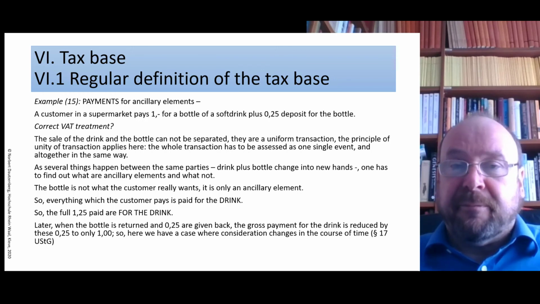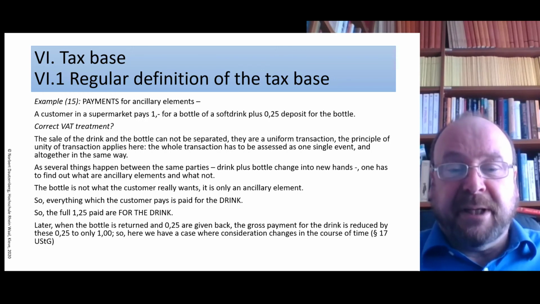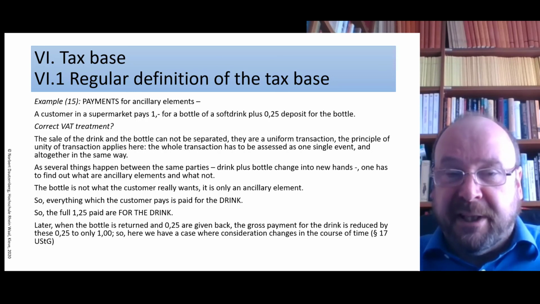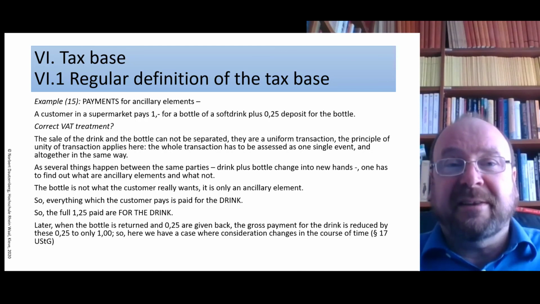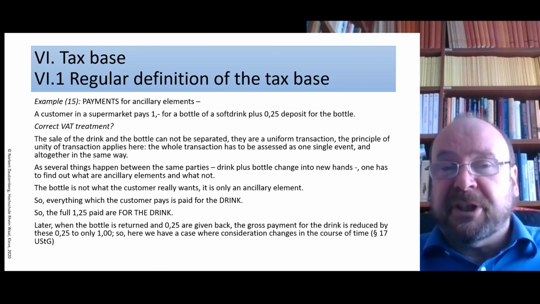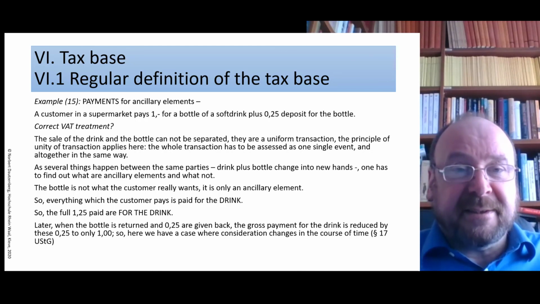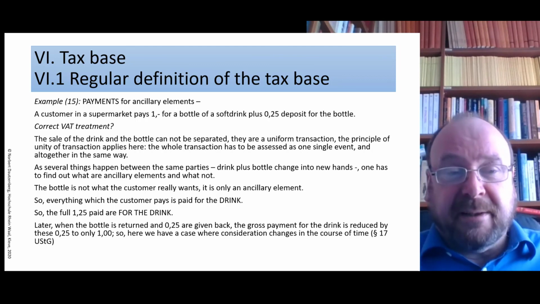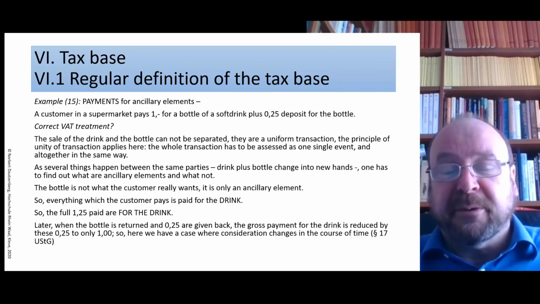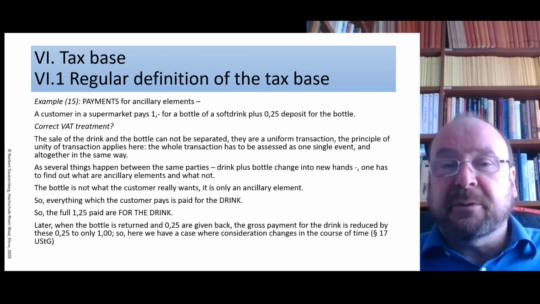Now later, when the bottle is returned, you get 25 cents back. So then all that you paid goes down later. So we have a change in the payment, which happens after the events. And so all that the customer paid now goes down from 1.25 euro to 1 euro only.